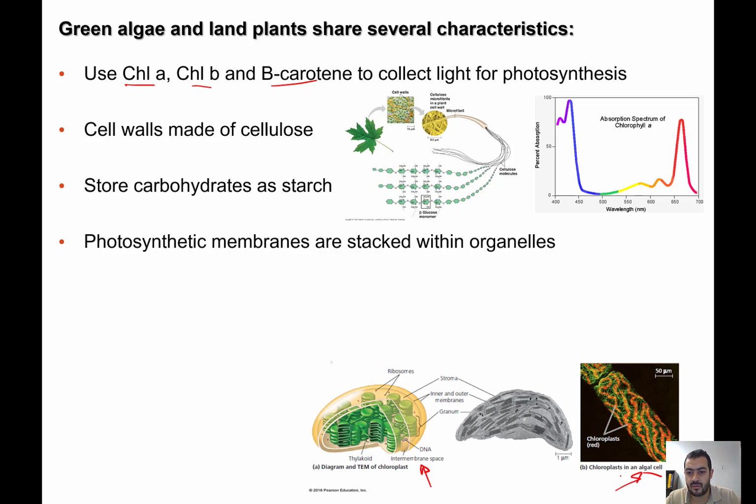And as you can see, there is a high degree of similarity of the structure of the chloroplasts between plants and algae. Also, both organisms form new walls by a similar process. So because of all these indications, scientists believe that the green algae are the ancestors of, or the closest ancestor to, the land plants.